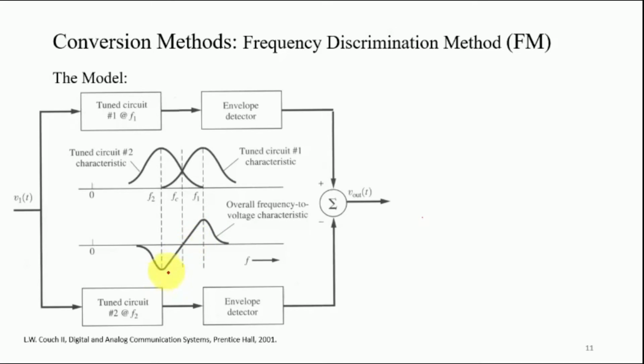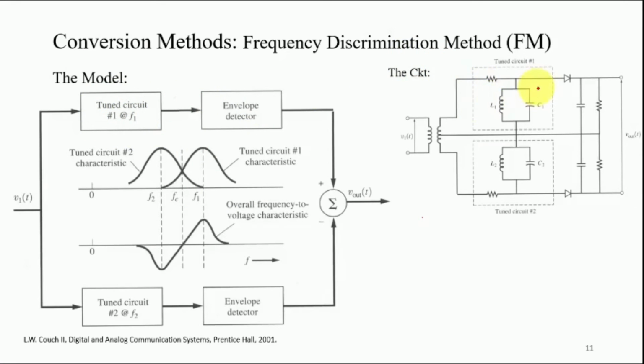Once we achieve this slope, it simply represents the variation in frequency with respect to the message signal. So this slope directly relates to the message signal m(t). Once that is achieved, we can proceed towards envelope detection and simply addition or subtraction of the two signals. So let's look into what this tuned circuit is.